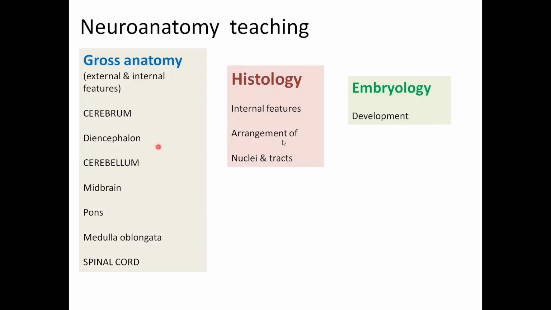Whereas for the internal features, you have to look into specimens that are stained using special stains. In the internal features, you should be able to appreciate the location of the nuclei and the location of the tracts. Embryology, as I told you, there will be a separate class talking about the development of the different parts of the central nervous system from the neuroectoderm.